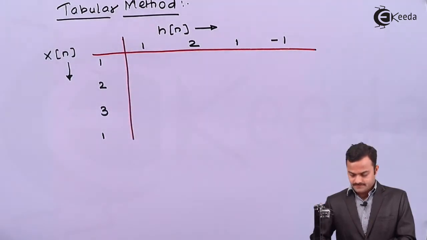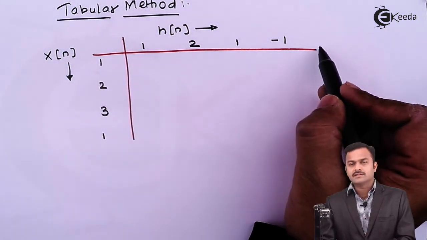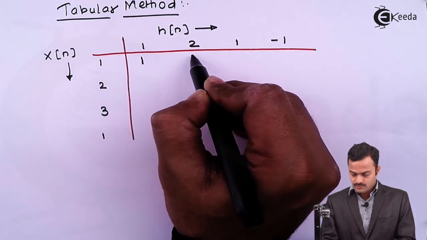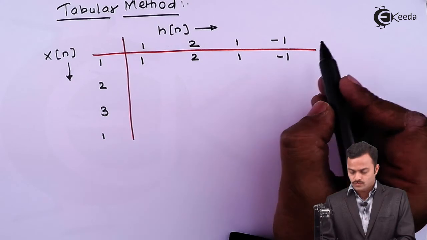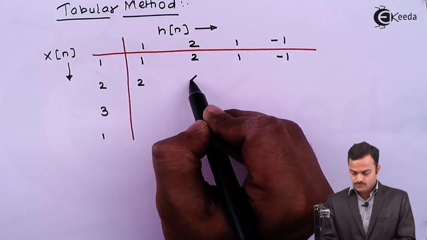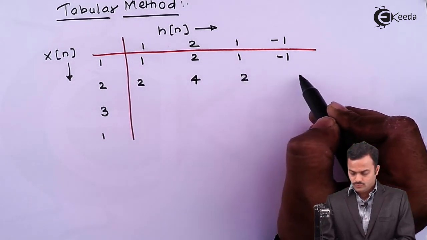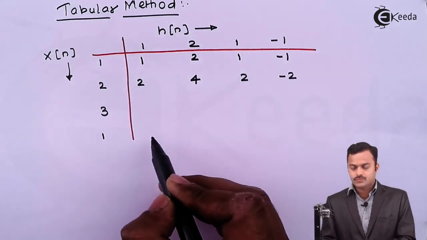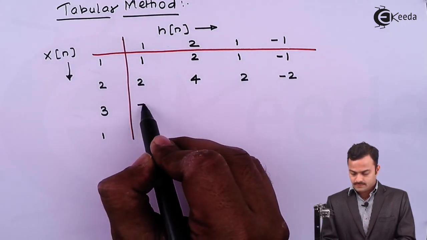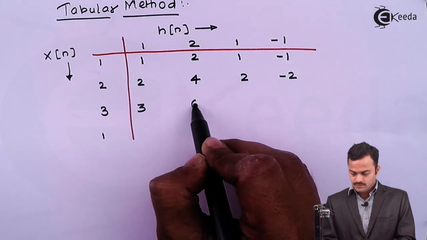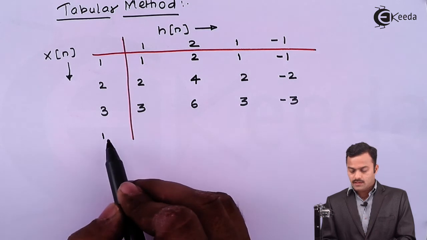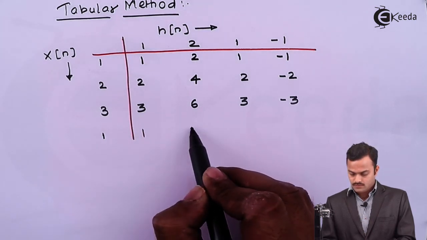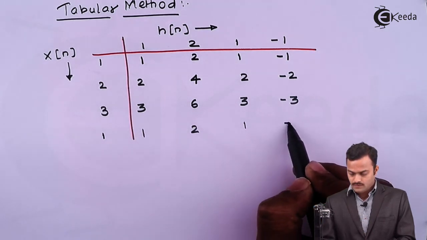Now let's solve this. So 1 multiplied with this row will be 1, 2, 1 and -1. 2 multiplied with this row gives 2, 4, 2, -2. Then 3, 6, 3 and -3, and once again 1, 2, 1, -1.